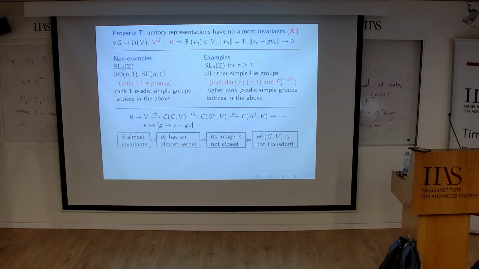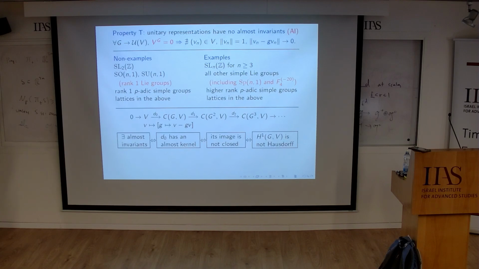So behind the scenes is the fact that H1, and H^n in general, has a canonical structure of a topological vector space. Usually in group algebra, when you study group cohomology, you just read these as algebraic gadgets, but they actually have a canonical topology when V is a topological vector space. But this topology might not be Hausdorff.